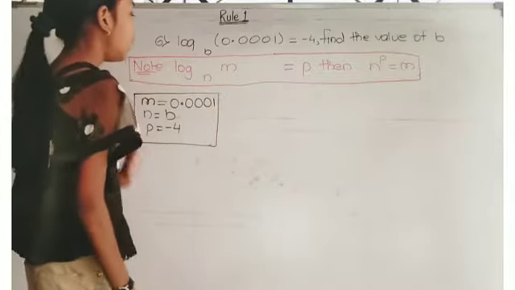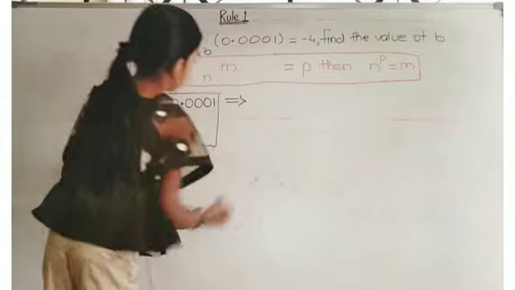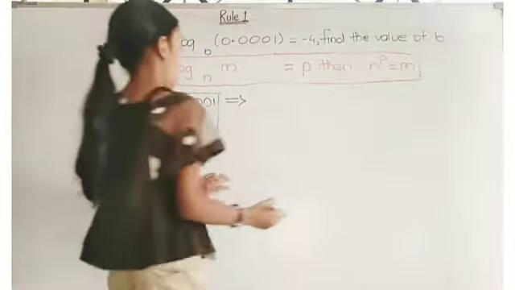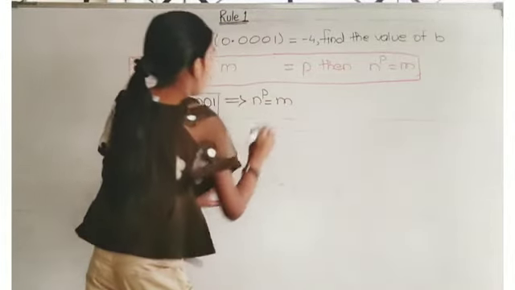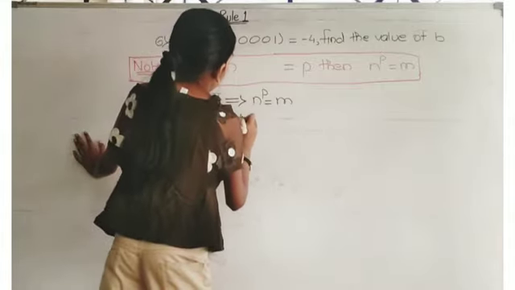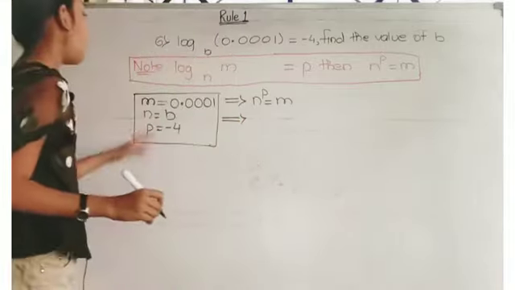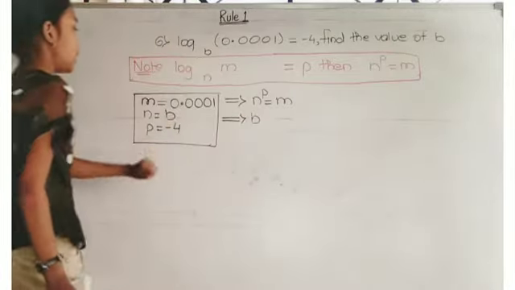Now here we are going to solve in a simple form. n raised to p is equal to m. n value I have got b, p value minus 4.